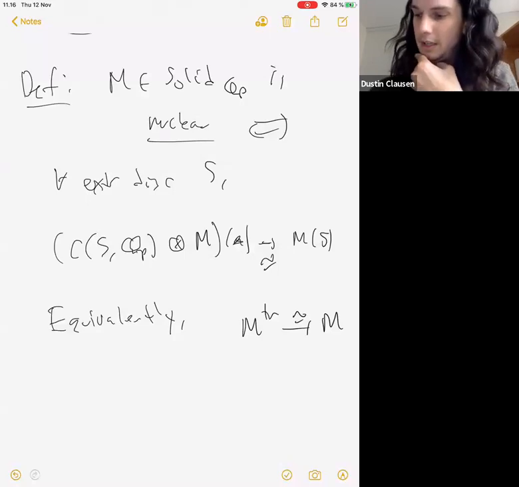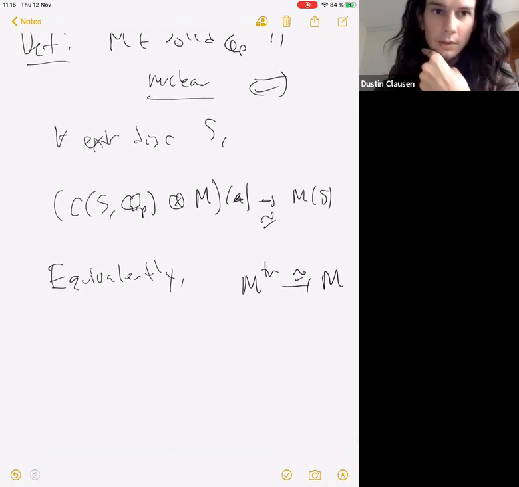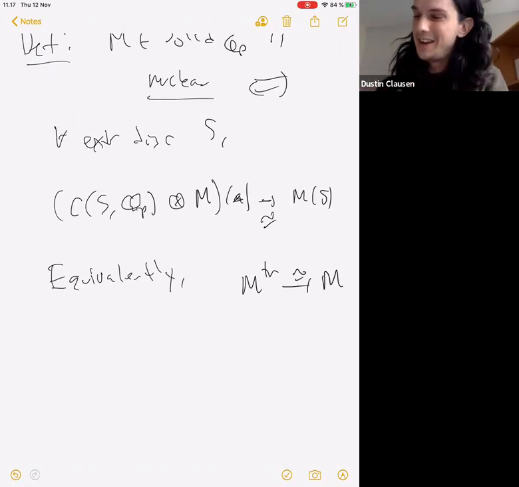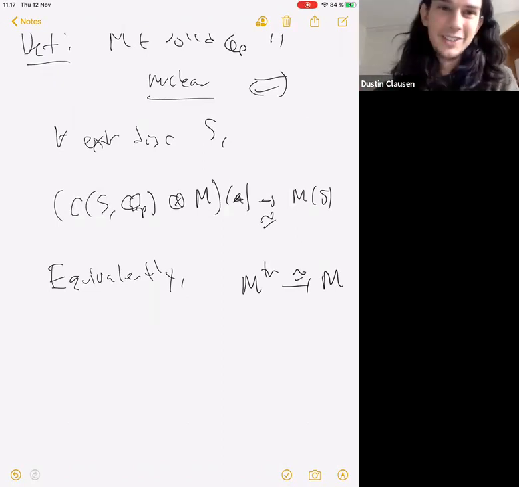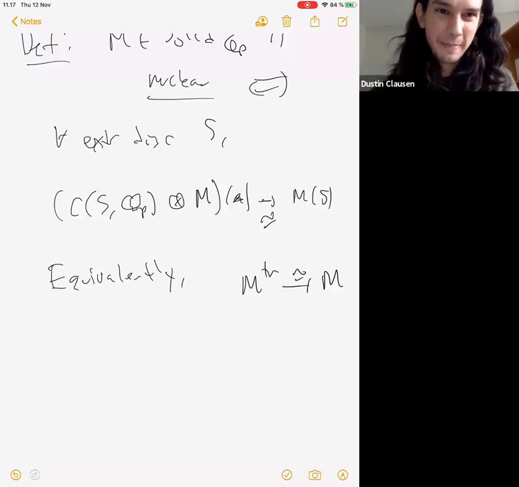So equivalently, any map from a compact projective into M is of trace class, in a unique way. I mean, any map to M from a compact projective has a unique witness to being trace class, so to speak.